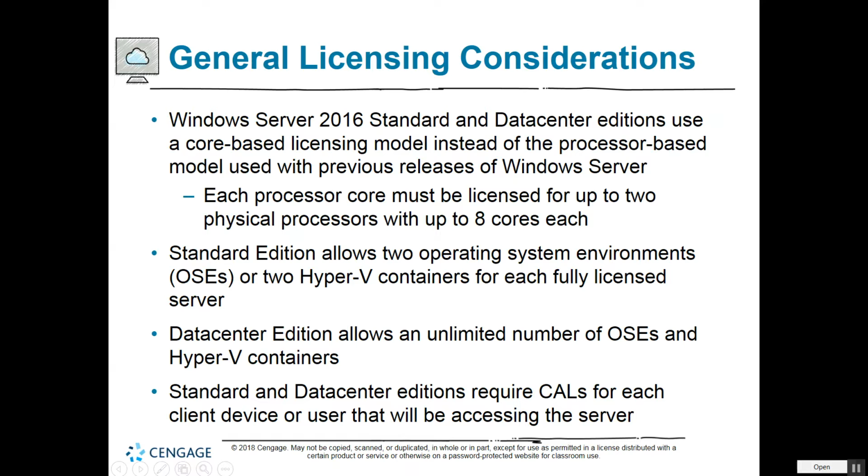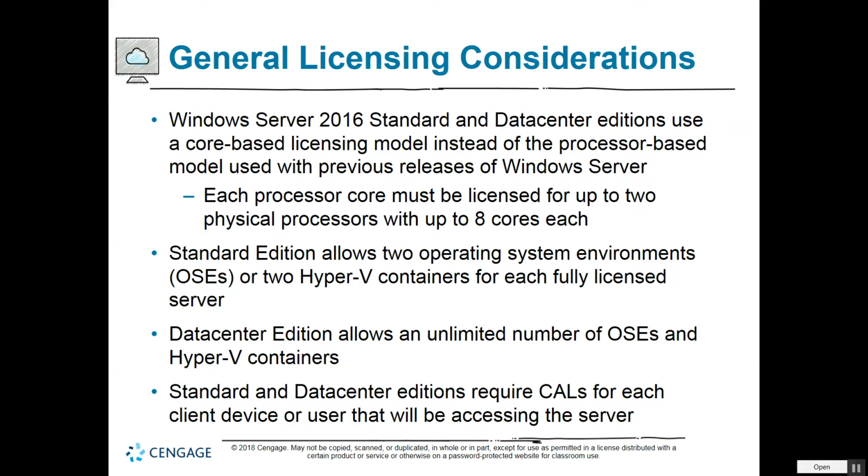Now, when it comes to licensing considerations, Windows Server 2016 Standard and Data Center use a core-based licensing model instead of processor-based, which was used in previous releases. Each processor core must be licensed for up to 2 physical processors, with up to 8 cores each.